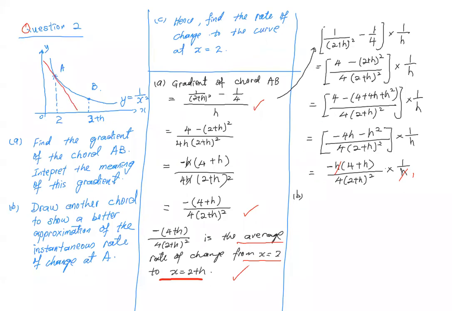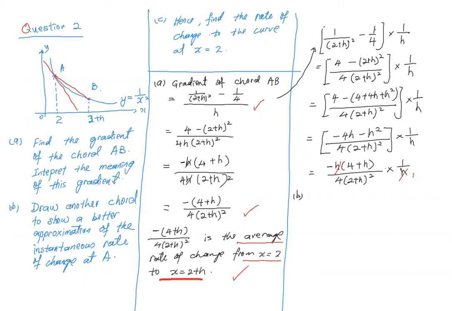If I draw a chord AB, do you see the difference between the tangent at A and the chord AB? The angle is bigger, correct? So now I'm going to draw another chord where the angle made by the tangent and the chord is smaller.